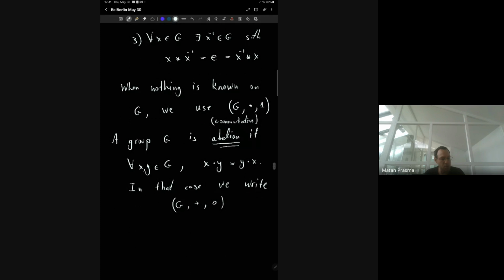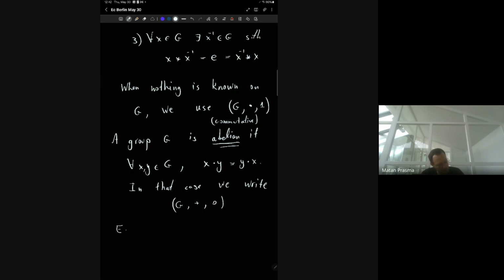But of course, we may run into an abelian group whose binary operation is naturally multiplication.